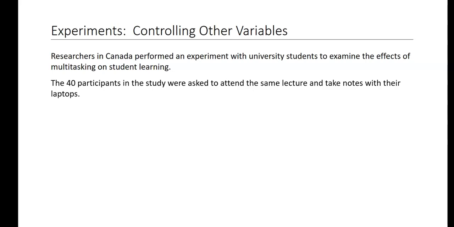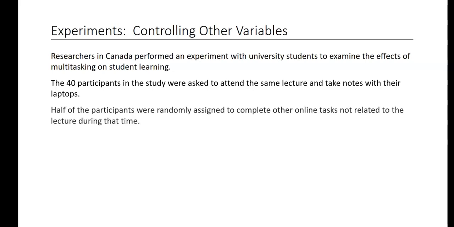Researchers in Canada performed an experiment with university students to examine the effects of multitasking on student learning. 40 participants in the study were asked to attend the same lecture and take notes with their laptops. Half of the participants were randomly assigned to complete other online tasks not related to the lecture during that time. Oh, that's interesting.